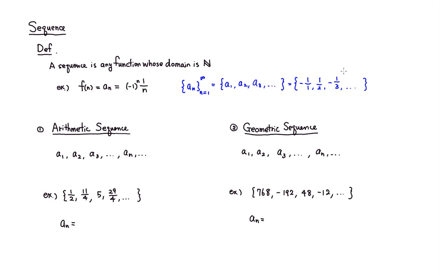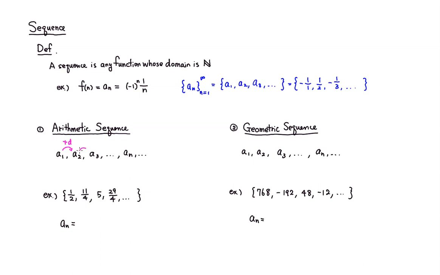Let's look at a couple of major examples. The first one is the arithmetic sequence. The characteristic of an arithmetic sequence is that you start with a number, and every time you go to the next term, you add a fixed number, say d.